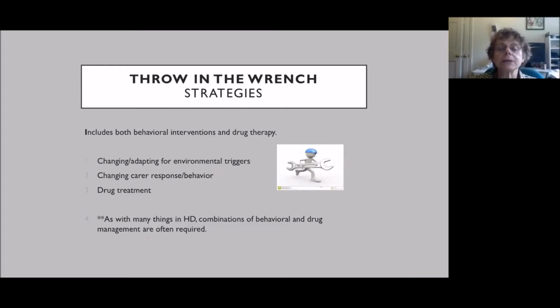It is changing and adapting environmental triggers for this behavior, changing the carer response, and then drug treatments. As with many things in HD, combinations of behavioral and drug management are often required.